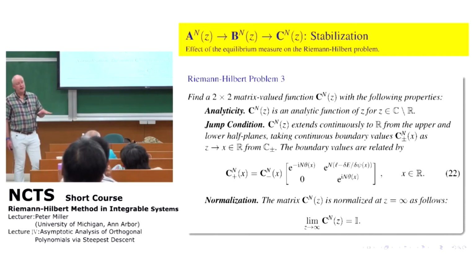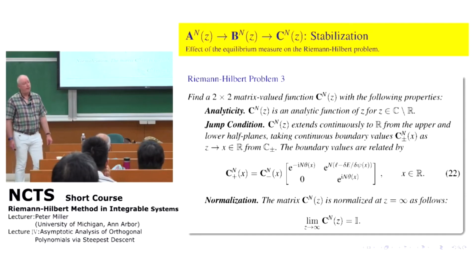Before that time, there was great understanding of equilibrium measures and how they could be used to study orthogonal polynomials. So it's a natural thing from that point of view to try to use the equilibrium measure that those people already understand to fix the Riemann-Hilbert problem and make it better. That's a point of view that I think is worth emphasizing. Okay.